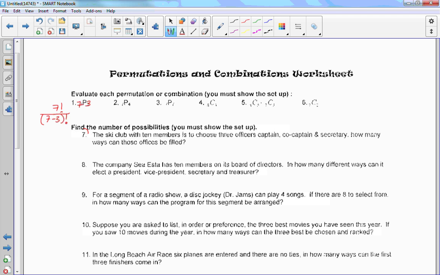Number 7, again it says show the setup. The ski club with 10 members is to choose 3 officers, captain, co-captain, and secretary. How many ways can these be filled? What type of a problem is this?